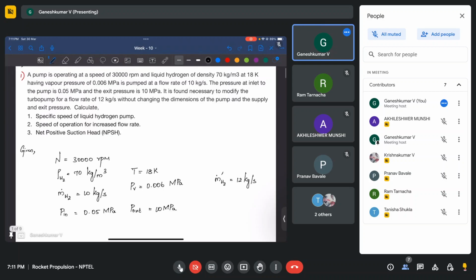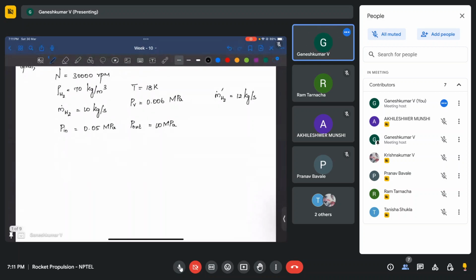Okay, so are there any doubts with regards to the question? So let's say this is a pump, with 0.05 megapascals and 10 megapascals, and then m dot is 10 kg per second.